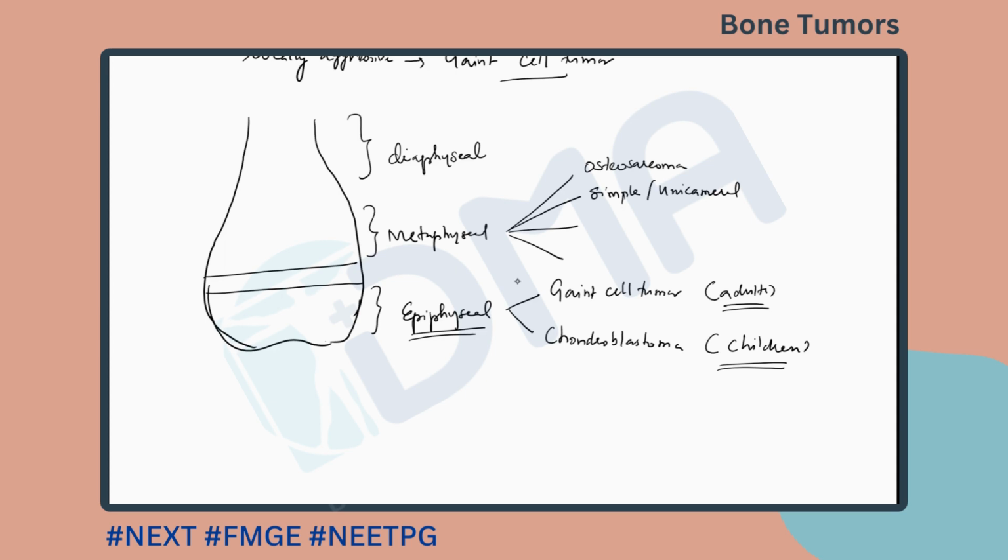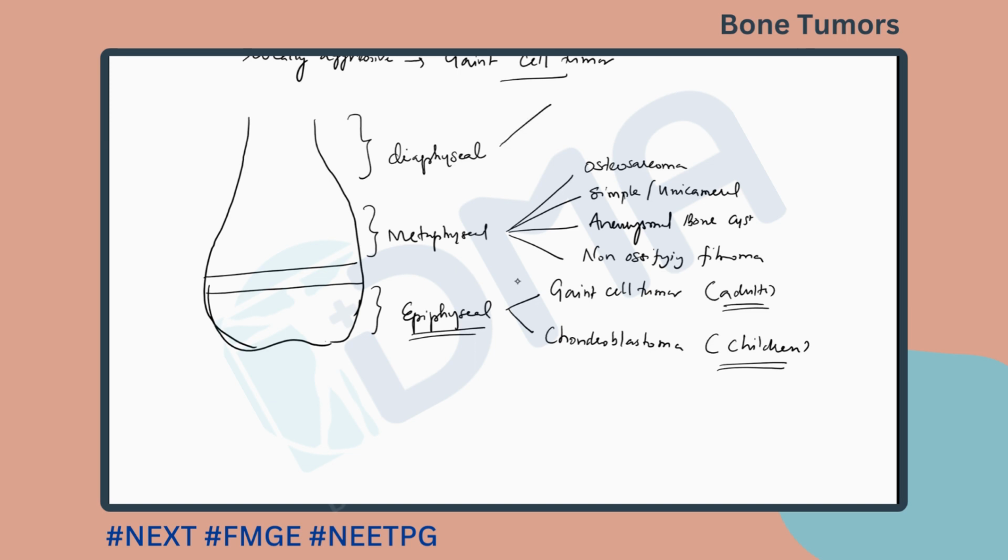So the tumors which are common in the metaphyseal region are osteosarcoma, simple or unicameral bone cyst, aneurysmal bone cyst, then non-ossifying fibroma. So these are few tumors which are common in the metaphyseal region.